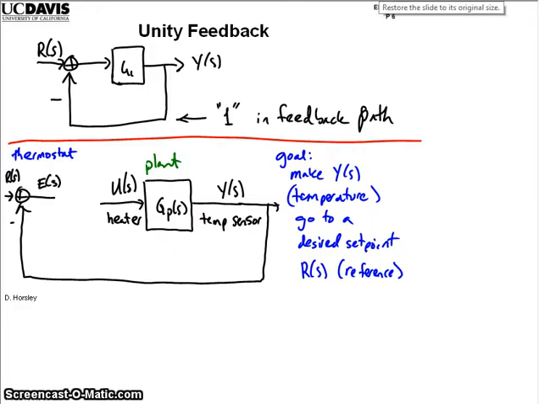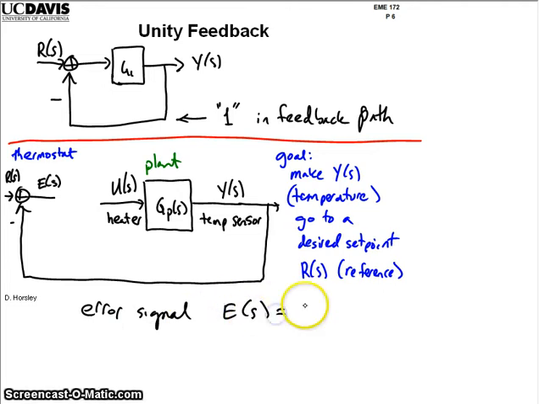Let me make this a little bit bigger here. So the error signal E is equal to R minus Y. And so our goal, we could restate this. We want to make Y be equal to R. In other words, we're going to make the error go to 0.